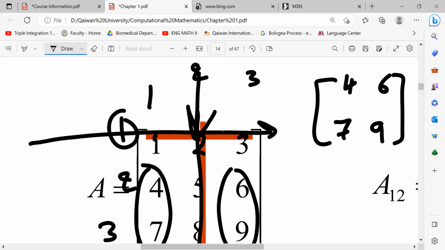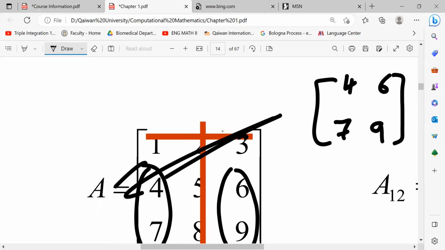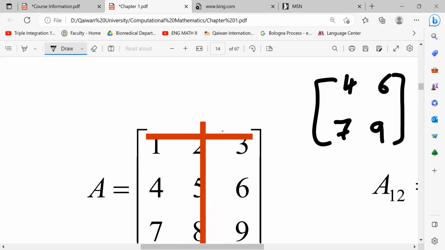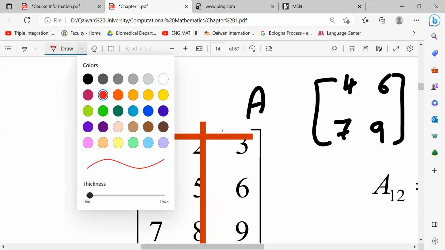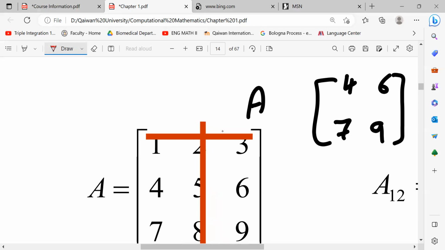That means to name this submatrix, we say A, and we just subscript the row number and the column number that you removed. Which row did we remove? Row 1. Which column? 2. This equals that. It's how to name a submatrix.